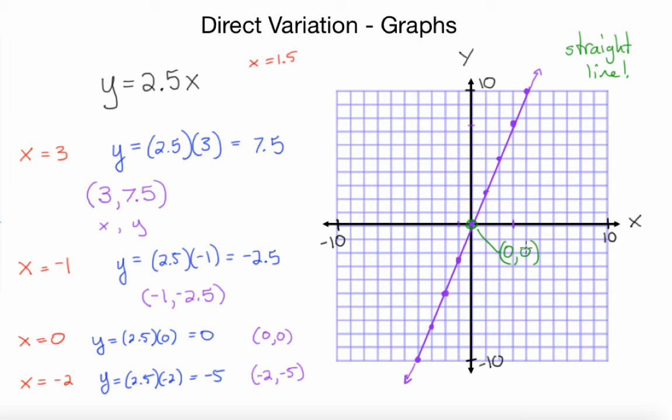If your graph is a nice straight line but does not go through the point 0, 0, it is not direct variation. So direct variation has to have 0, 0, because if we put 0 in for x, I have to get 0 back for y, and it has to be a nice straight line. So there's a good introduction, hopefully you understand how we can visualize and see direct variation relationship in a graph.